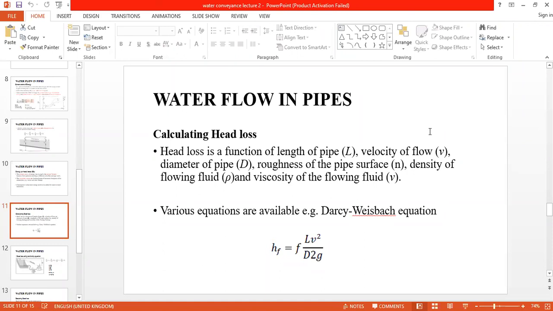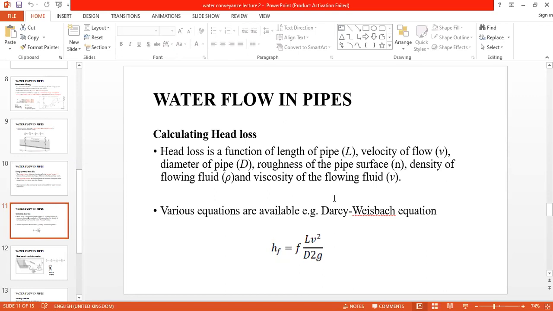So instead of applying 10, it means that we need to increase it maybe to about 12 or 13, so that the 2 which is lost, the rest of the energy will be able to move the water to the point where it's needed. So for us to calculate this head loss, we know that it will be a function of the length of the pipe.